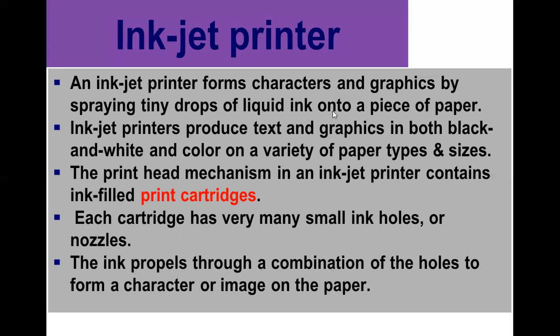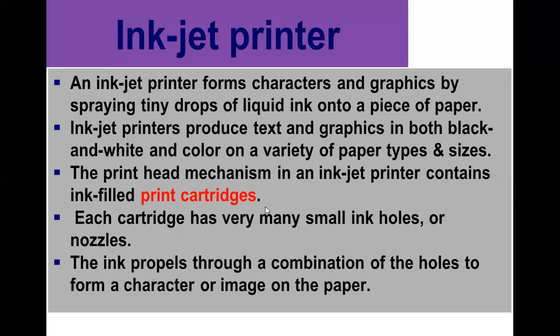So the print head mechanism in an inkjet printer contains ink-filled print cartridges. Those containers where ink is inserted are called print cartridges. Each cartridge has very many small ink holes or nozzles.